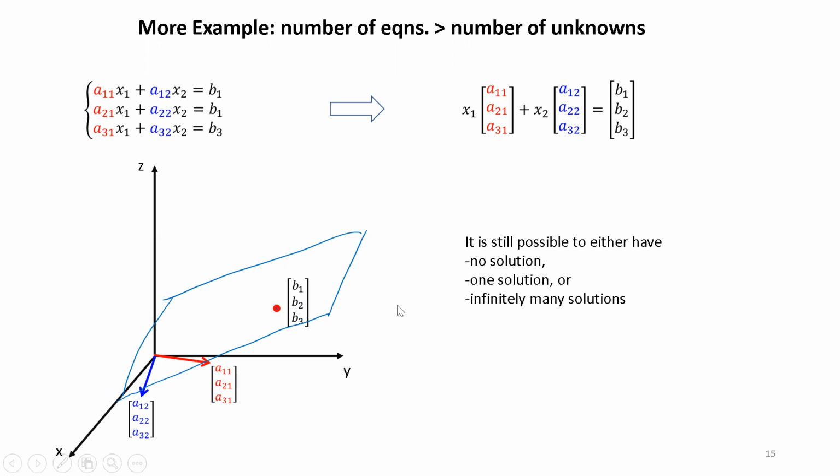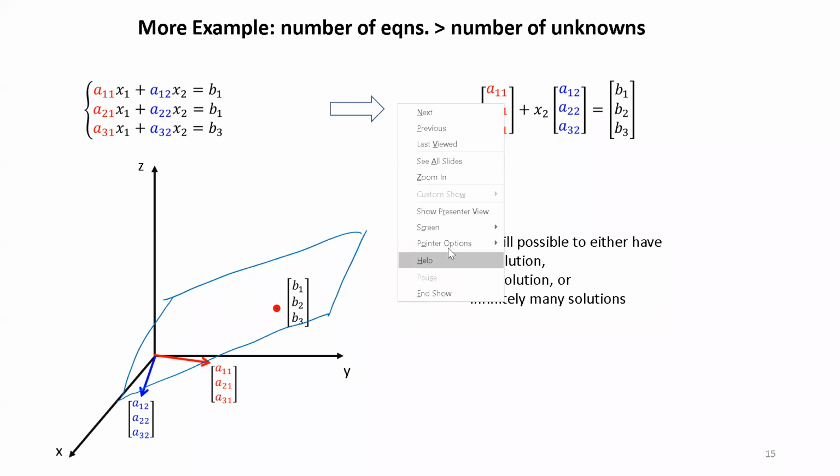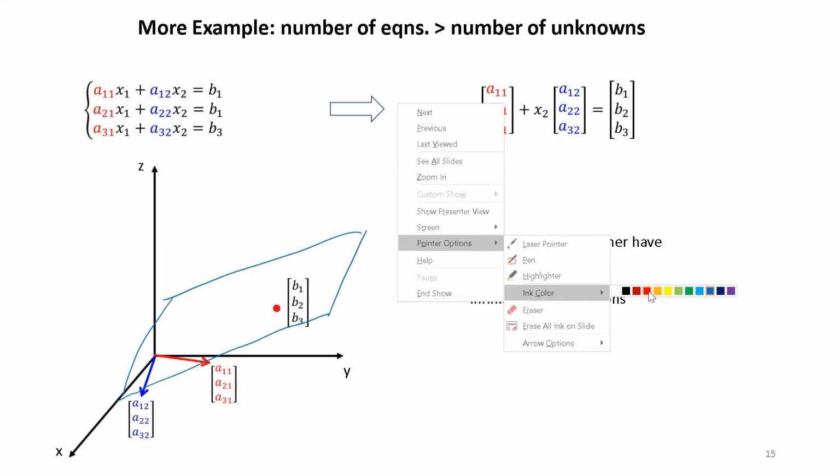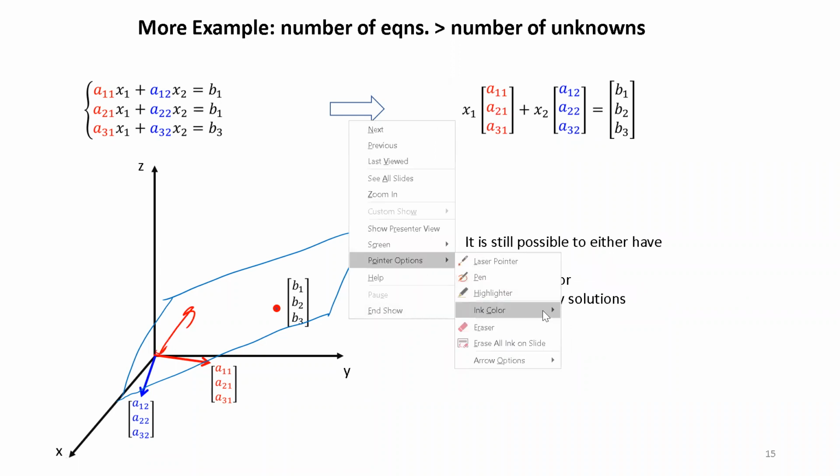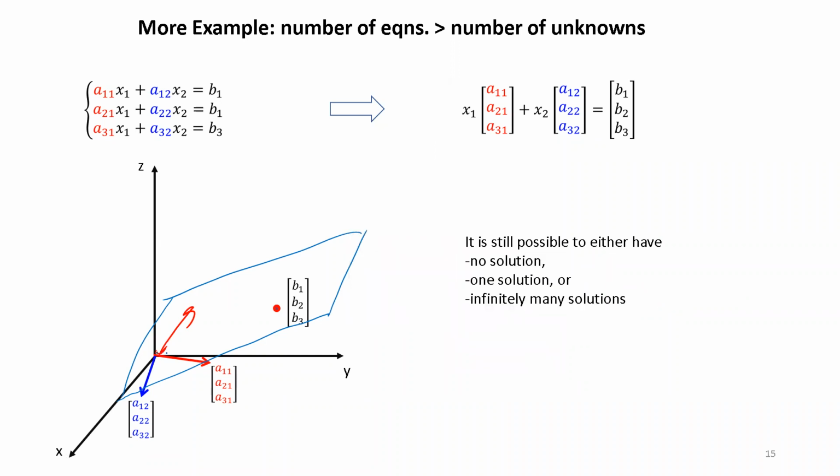And it so happens that my two vectors, the red and the blue, also lie on this plane. That means this red, this blue, and my B vector all lie on the same plane. Then you have one solution, provided that this red and blue are still not parallel.